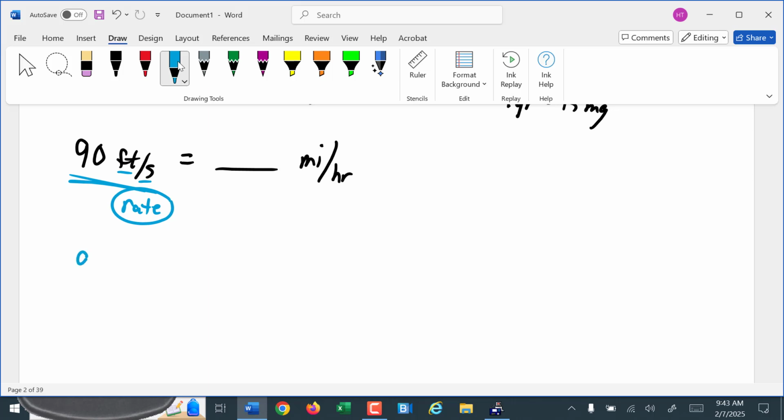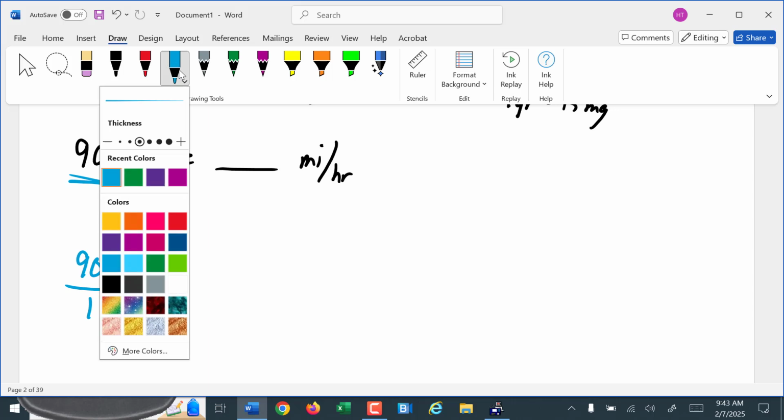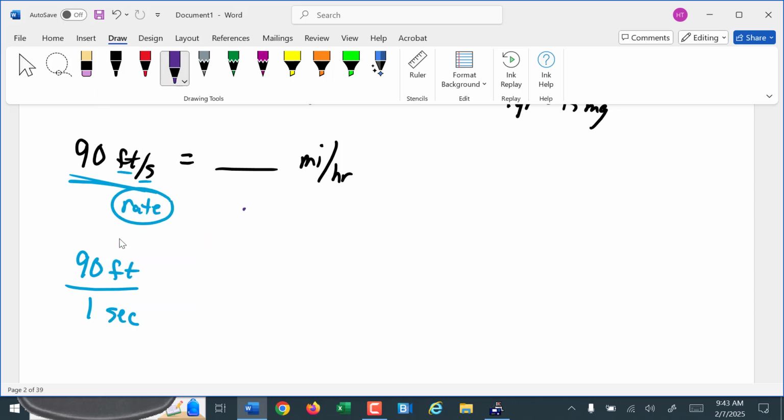That really means 90 feet over 1 second. And we can use these unity fractions or conversion factors to convert both units. Doesn't matter which one we start with. I'm going to start with the top one to convert feet. So to get rid of feet, I'm going to put it on bottom.